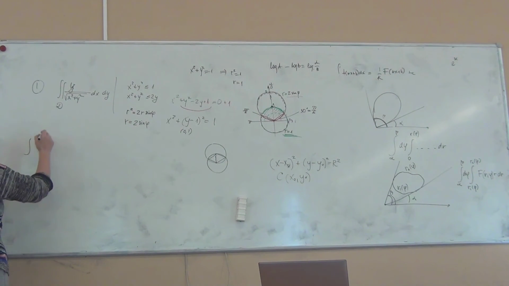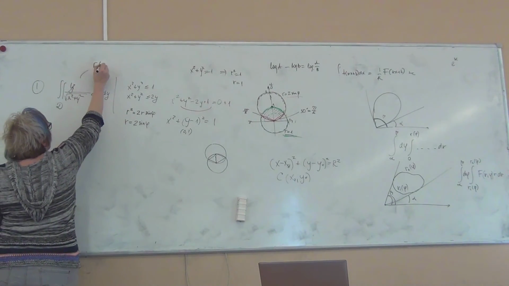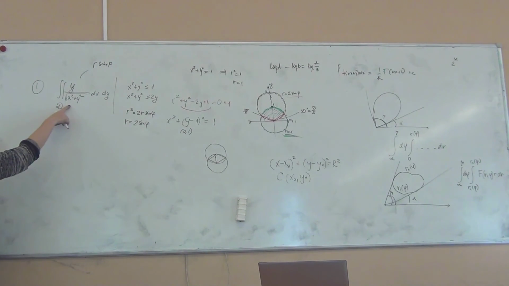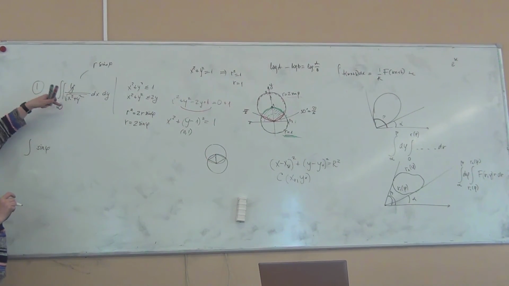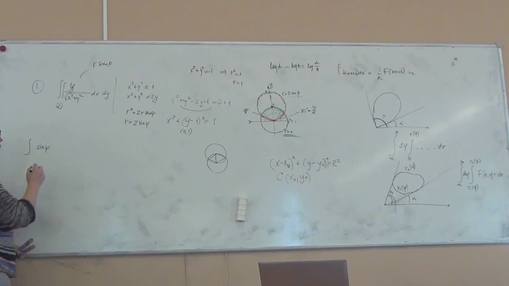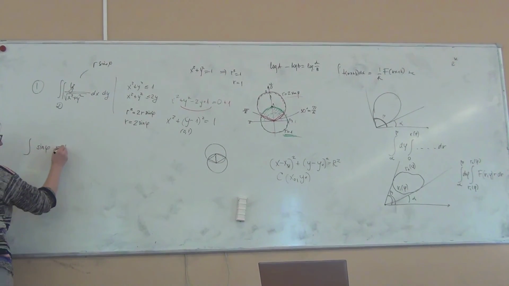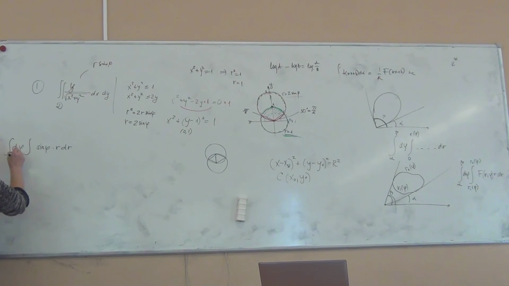So if y is r sine phi divided by r, I actually have sine of phi times r divided by r times another r, like this.